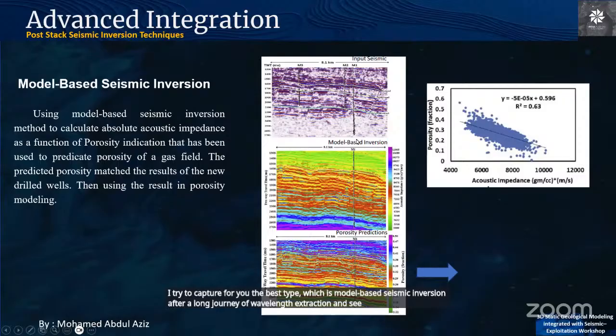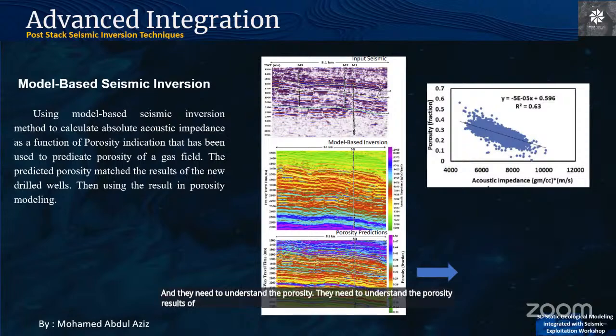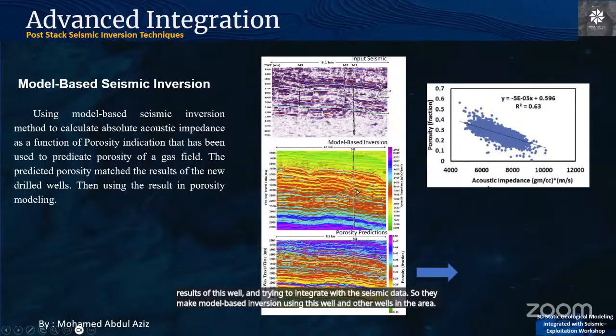See the well here. The well here is drilled in a good structure, okay, but in this example in a gas field, and they need to understand the porosity results of this well and try to integrate with the seismic data. So they made a model-based inversion using this well and other wells in the area. They made a cube for acoustic impedance because you know the acoustic impedance is related to the porosity fraction.